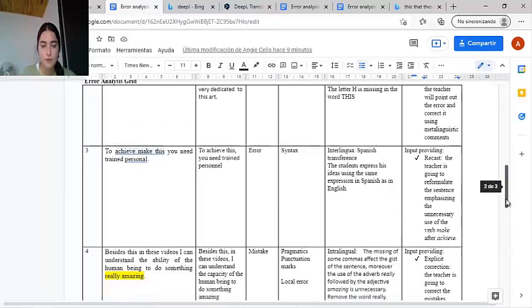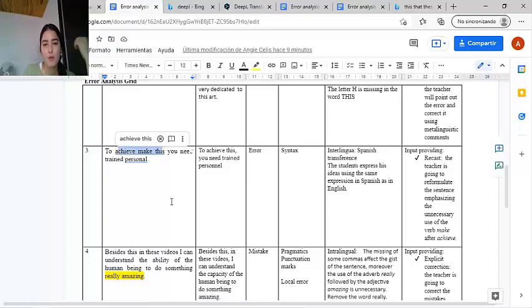Okay, let's move on with the third one. "Achieve made this." This is a syntax error. Why? Because the author, or the student, used unnecessary information, in this case the verb "make". So it is necessary to remove that verb and you can just use "to achieve this you need...".